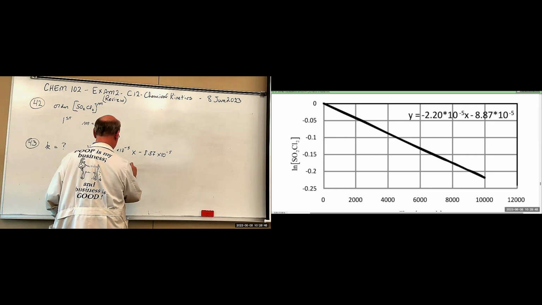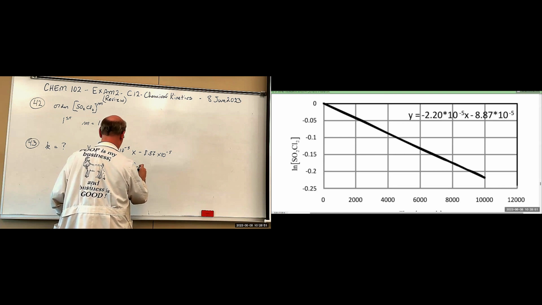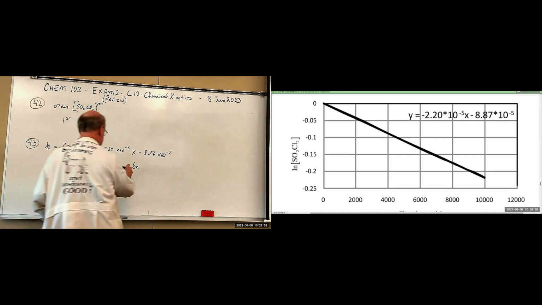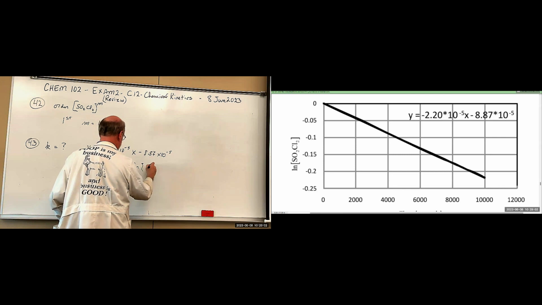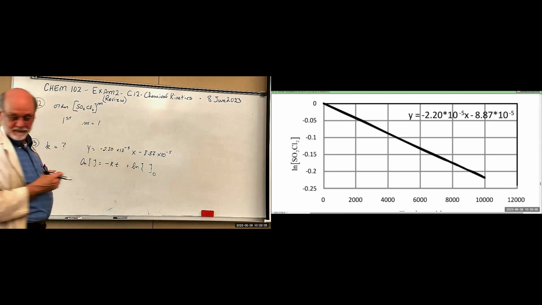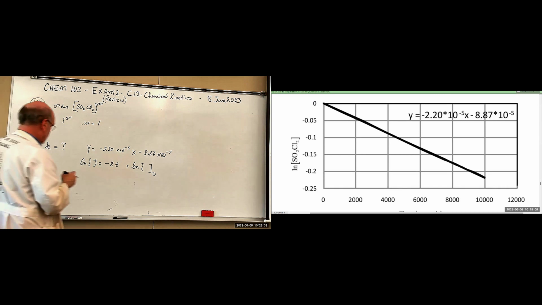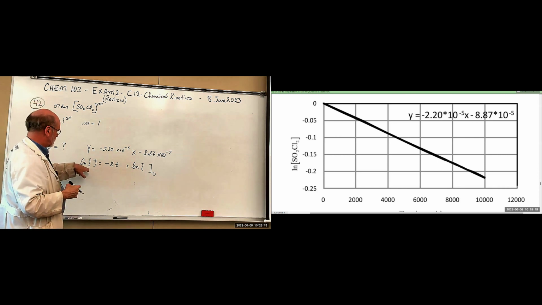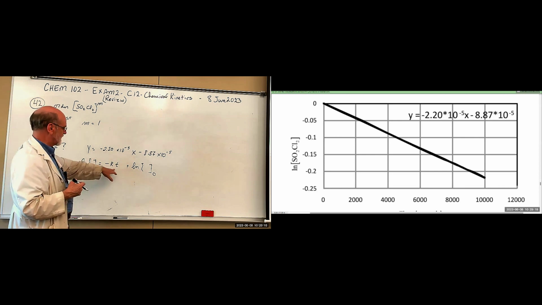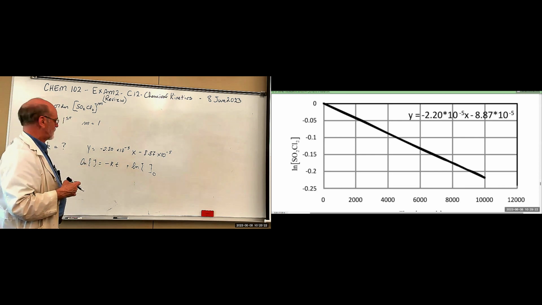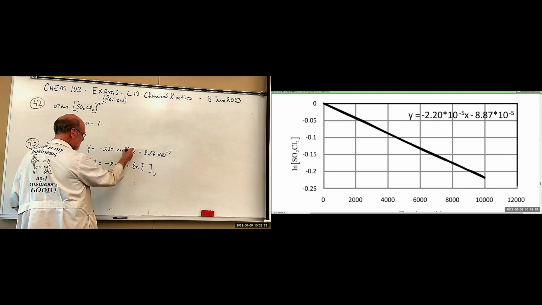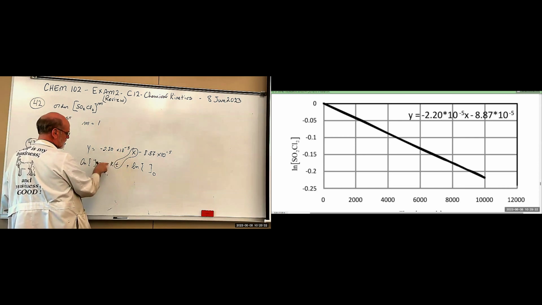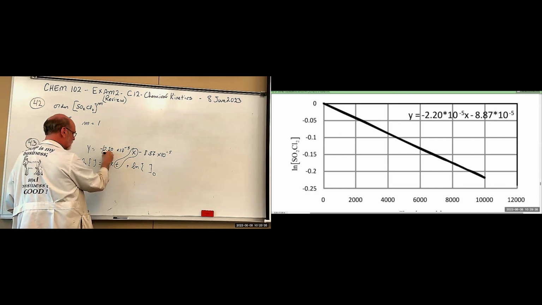Actually, it's plus log of A0. So that's how you interpret the straight line formula. This is the actual log of y at any time t, but we're looking for k. So k, if this is t, then negative 2.20 times 10 to the minus fifth is negative k. So there's your k.